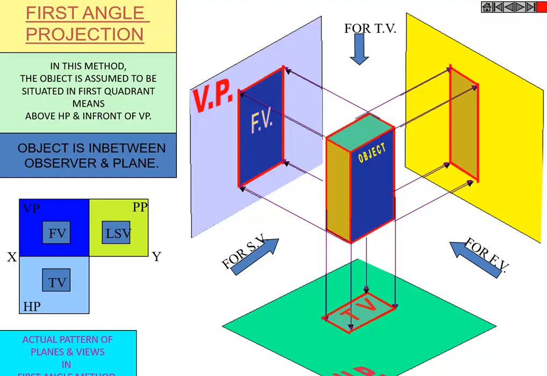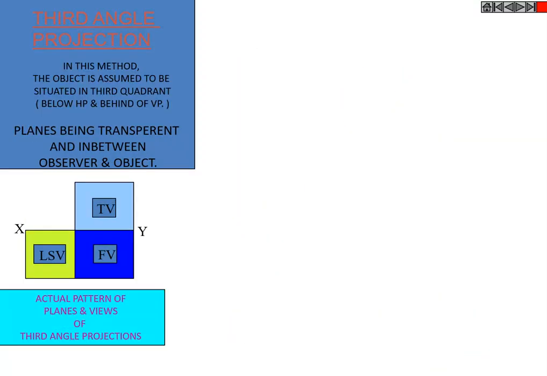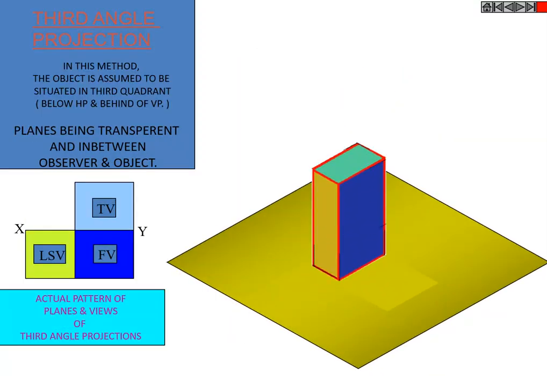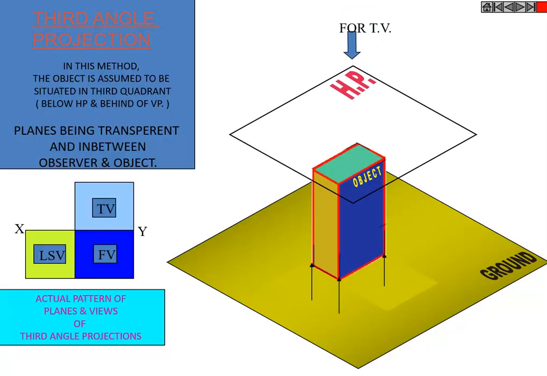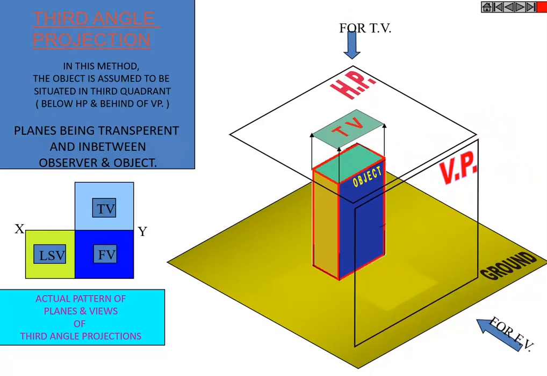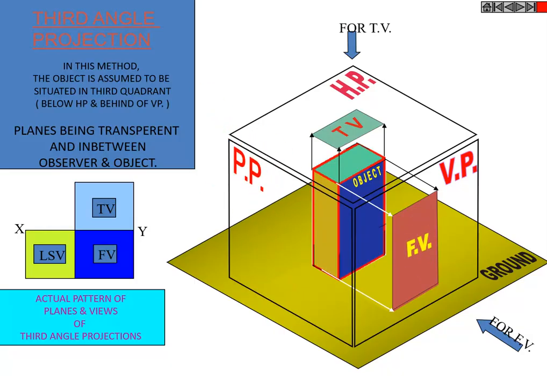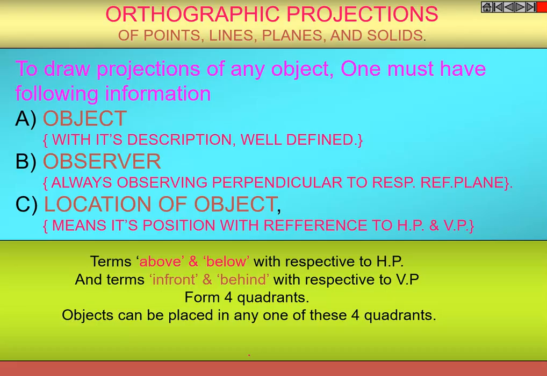If the same lines are extended to another plane, you'll be able to get another view, that is the side view on the profile plane. So here, when we place the three principal planes, like this you'll be able to get the corresponding views.